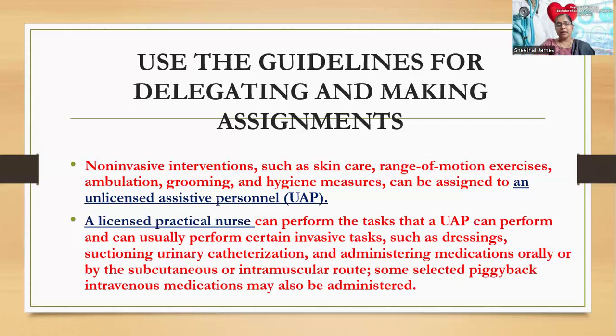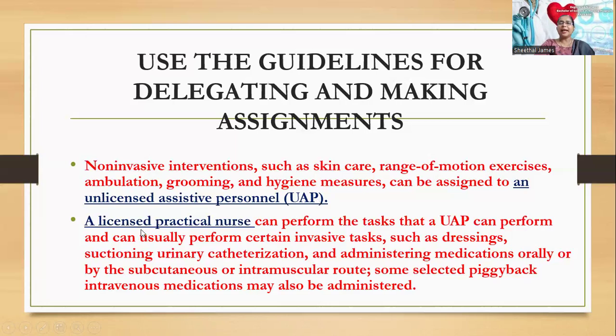Okay, or even feeding. For example, non-invasive interventions such as skincare. So providing a bath or anything related to skincare, then exercises, assisting with mobility, transferring, such things. Ambulation, grooming, hygiene measures, all these can be assigned to an unlicensed assistive personnel.